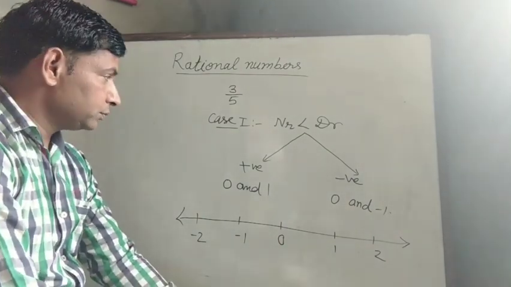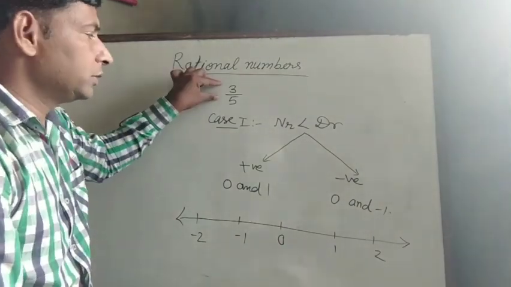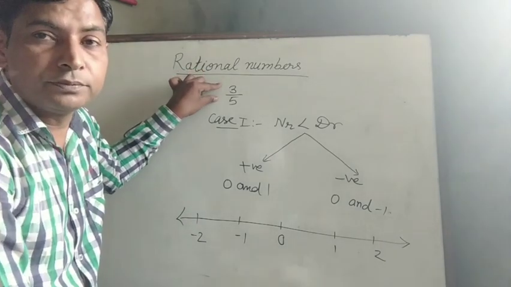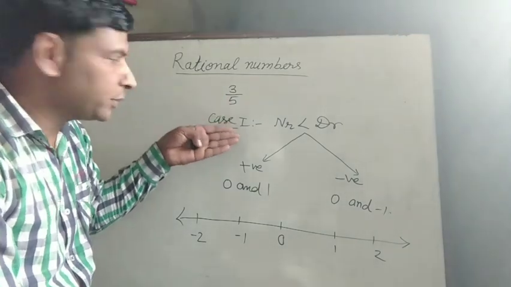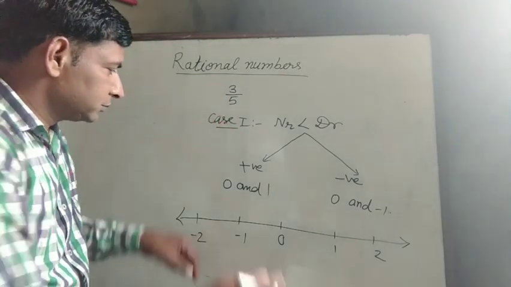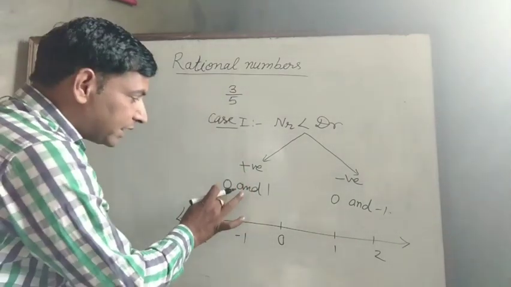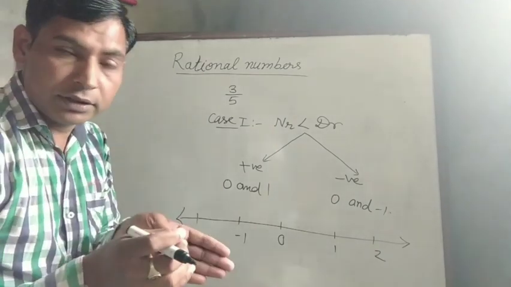Now, 3 upon 5: the numerator is less than the denominator and it is positive. Then it lies between 0 and 1.